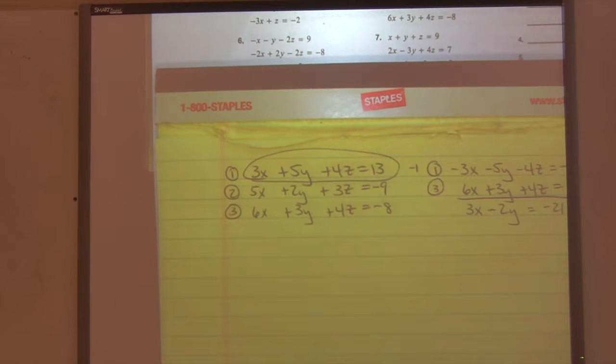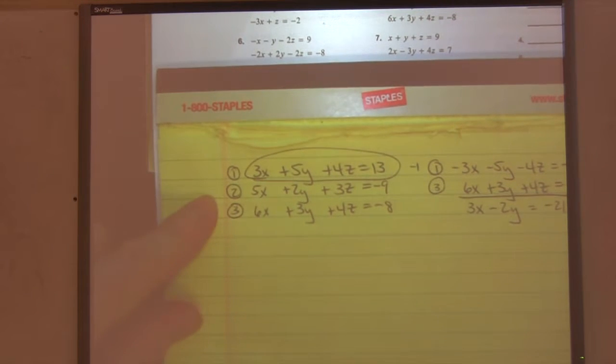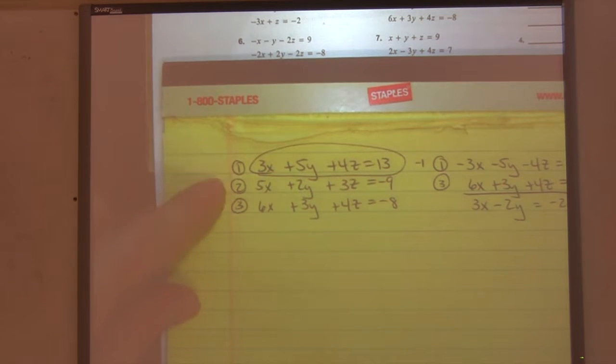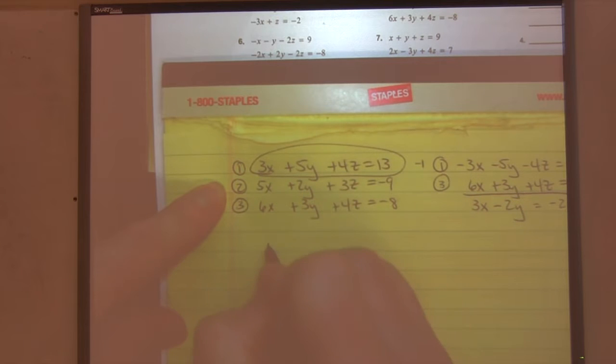So now I need to use two of these other equations to get down. We got one equation with two variables, we need another one. So we can use any combination, we just don't use 1 and 3 again. So in this case, I'm going to use 1 and 2, and I'm going to multiply to get opposites. I want 12 and negative 12.